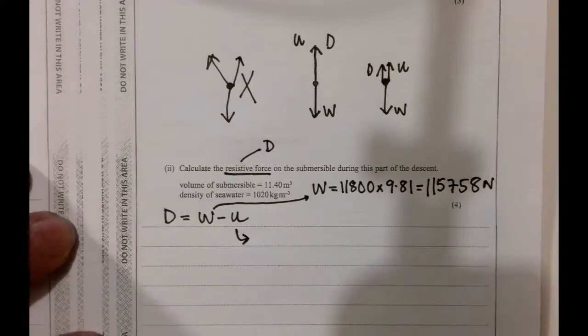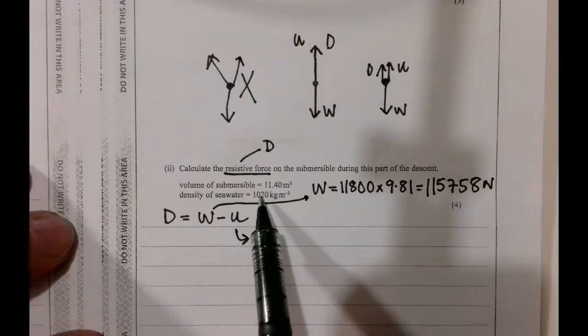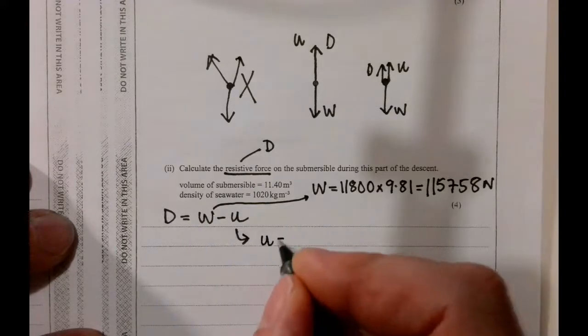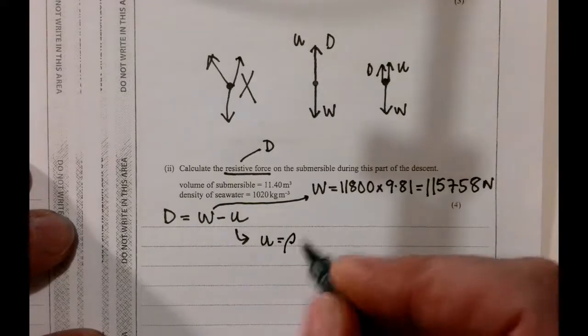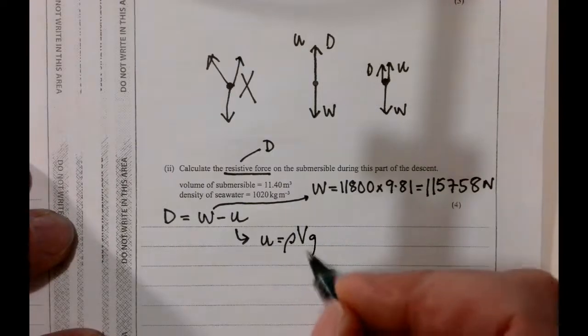Up thrust, you should know by now, is the weight of the displaced fluid. Given that they've given us the density, it will be the density multiplied by the volume, that gives you the mass, multiplied by g. So up thrust equals density times volume, which tells you the mass, times g.